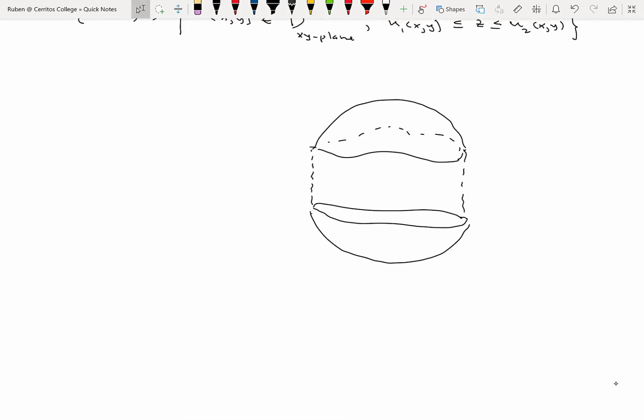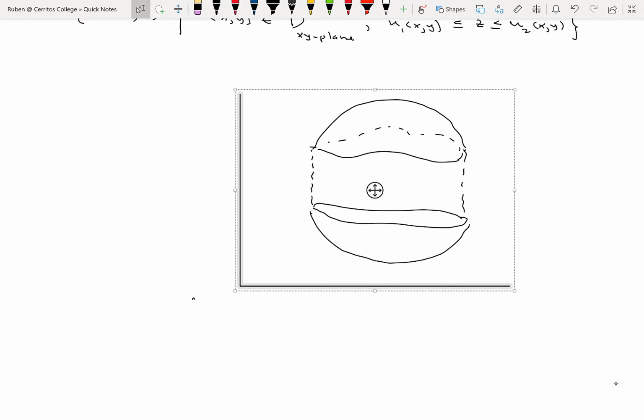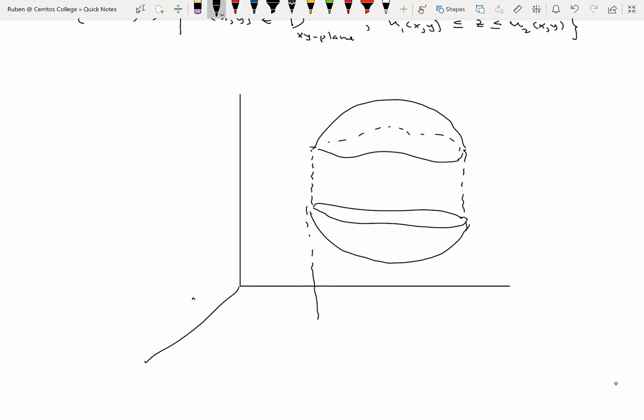Okay, now I'm going to put in the axes, and here's the projection of this solid, this egg-shaped solid.